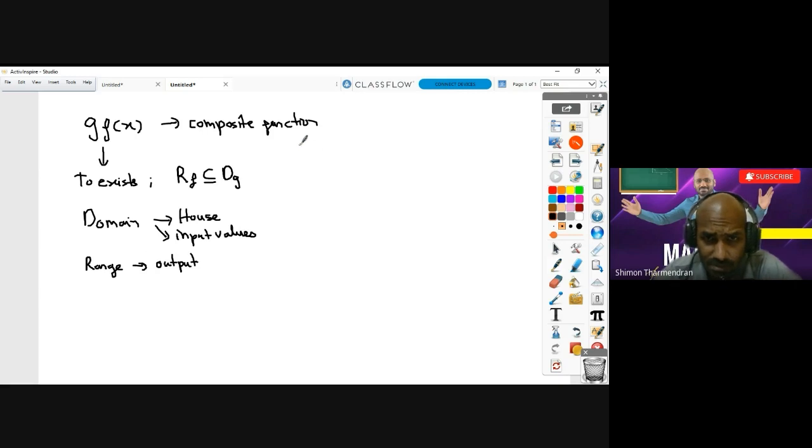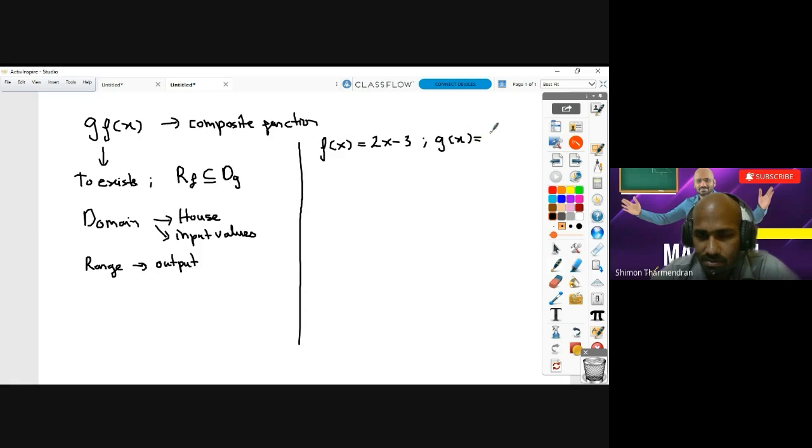So let's say we look at a simple function over here. I have f of x equals to 2x minus 3, and I have g of x equals to 5x minus 2. So let's say I want you to find fg of 1 equals to what?